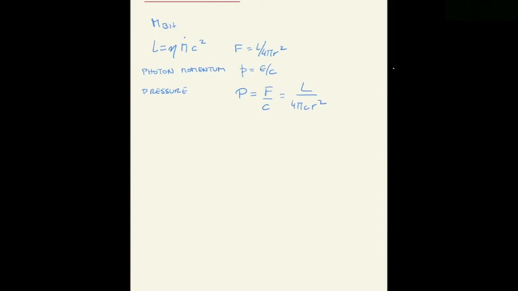The electron experiences an outward force due to radiation pressure. The amplitude of the force is equal to the pressure times the electron cross-section. Remember, force is equal to pressure times area. Now the area here is going to be the cross-section of the electron, so the force is the cross-section of the electron times the luminosity over 4 pi c r squared.